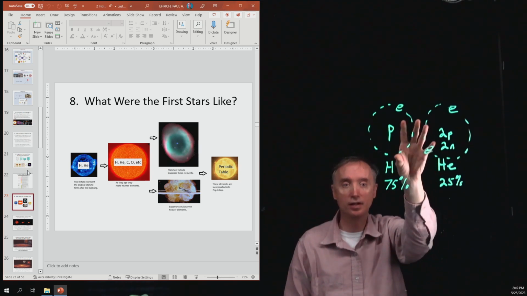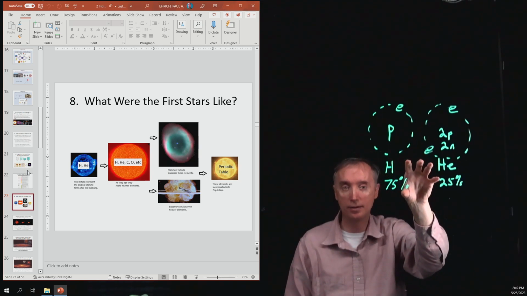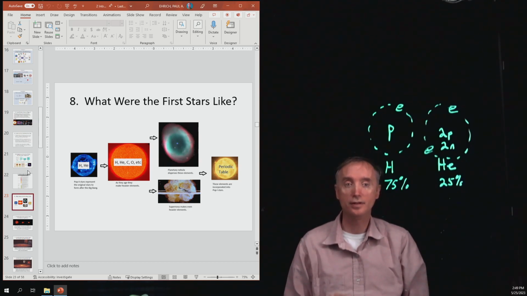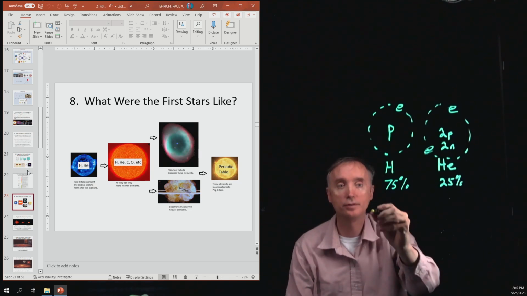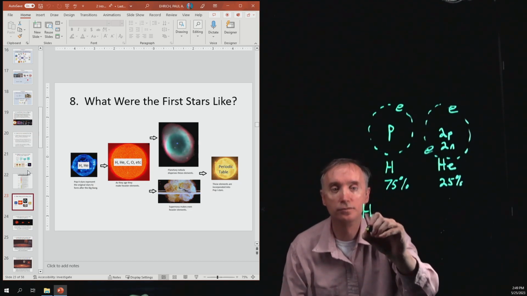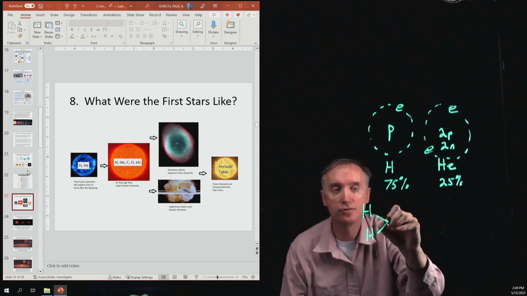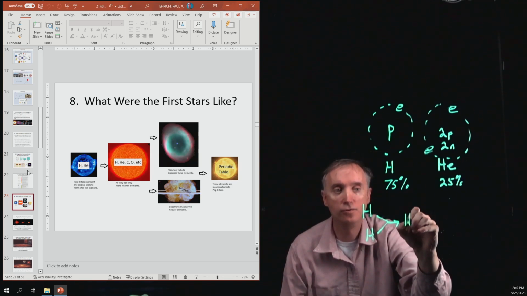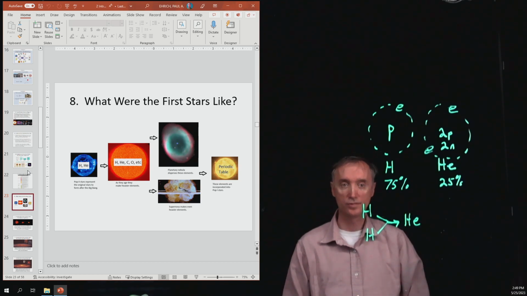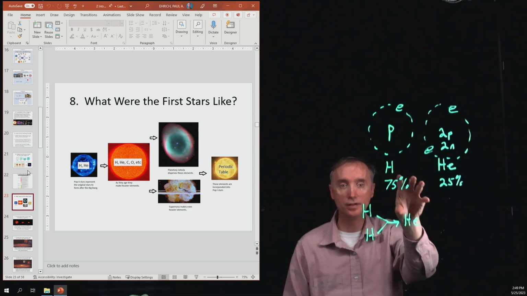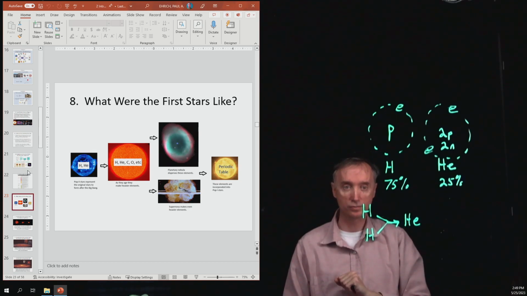So as these clouds began to collapse, if the temperature could get to 10 million Kelvin, then what can happen is that hydrogen slams into hydrogen and it fuses into helium. So this is called nuclear fusion.